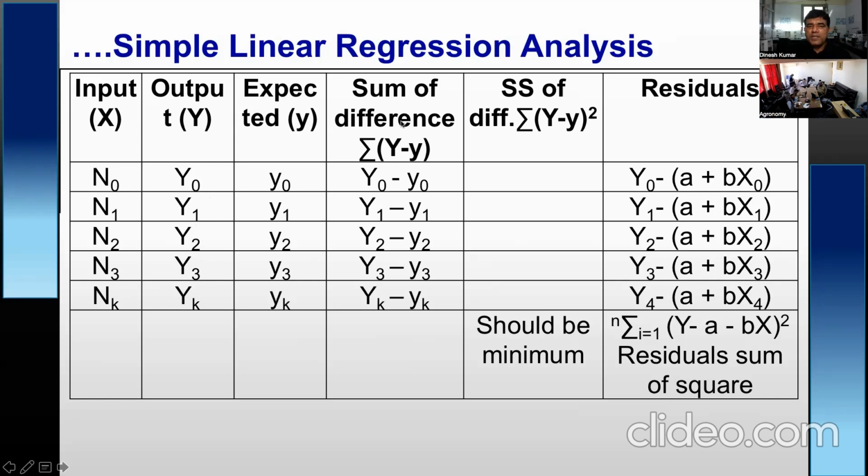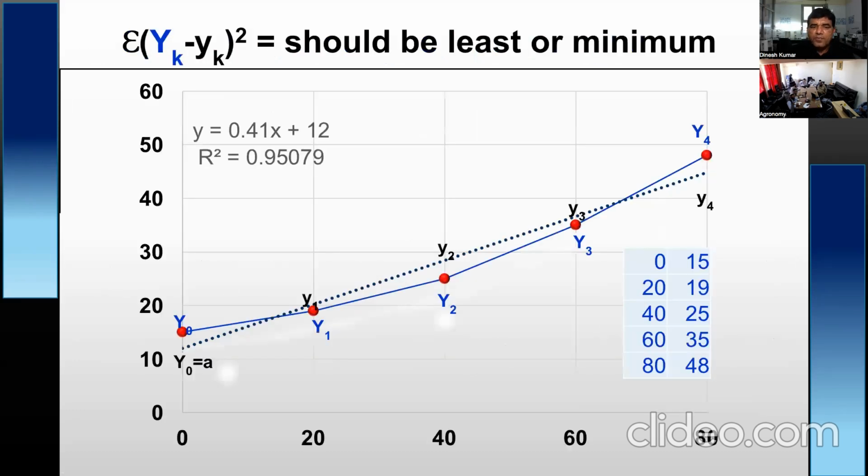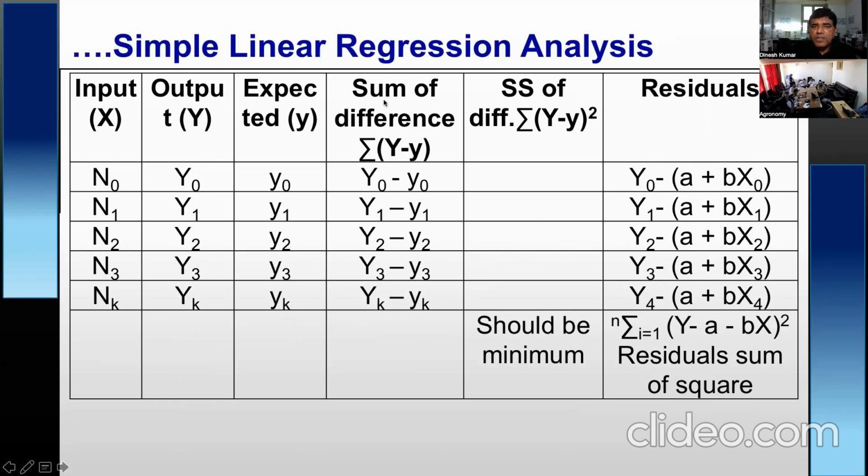Now we need to see the sum of differences. You can see this difference from this line to this line at different values. These differences are residuals. So the sum of differences is capital Y minus small y. This is observed, this is predicted.